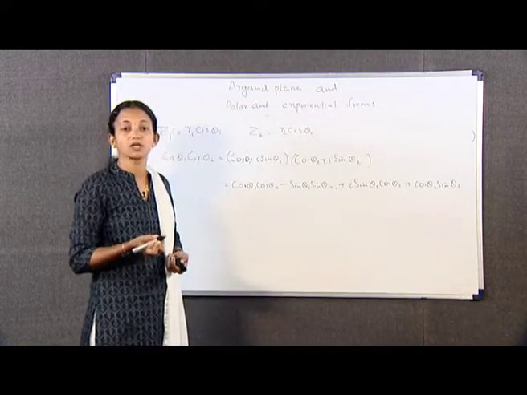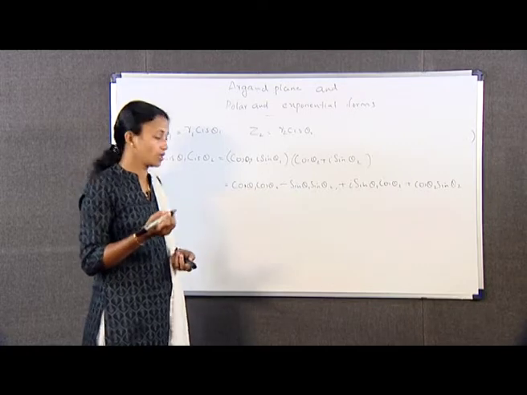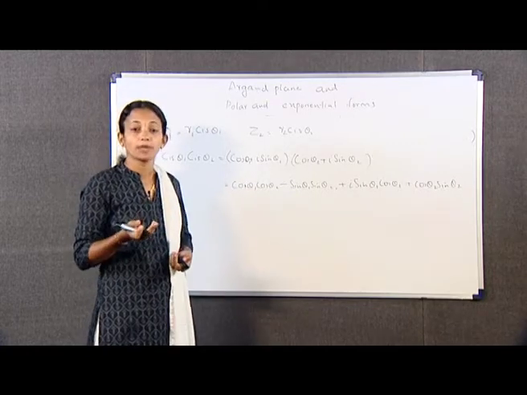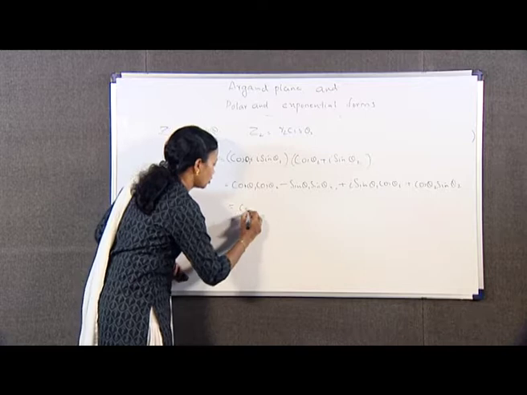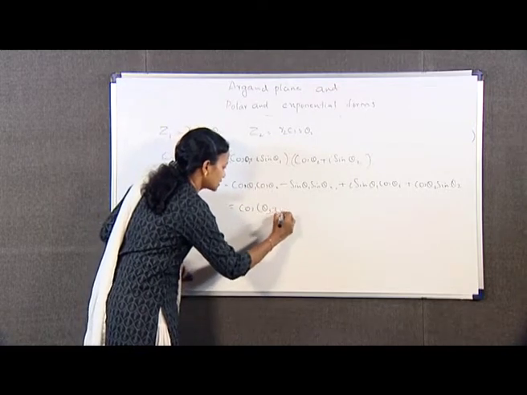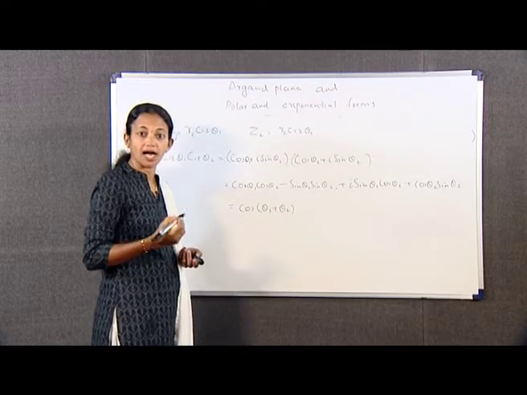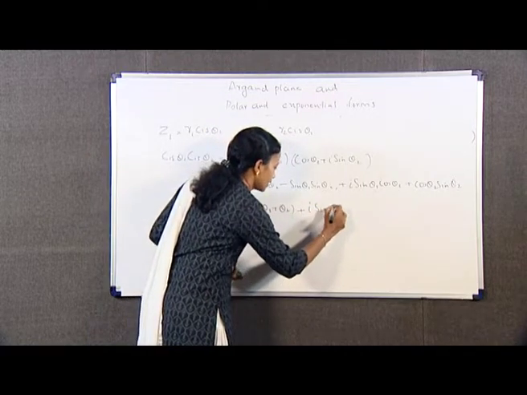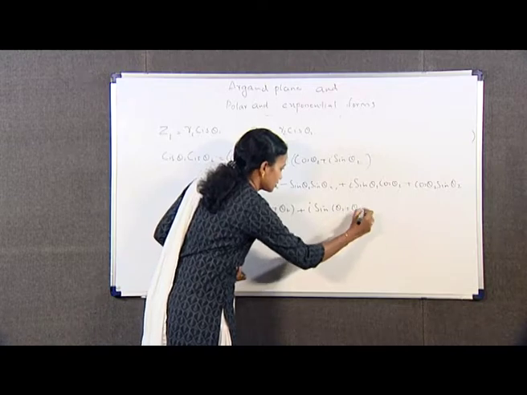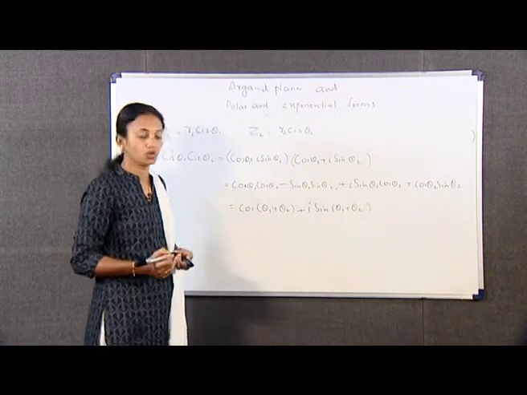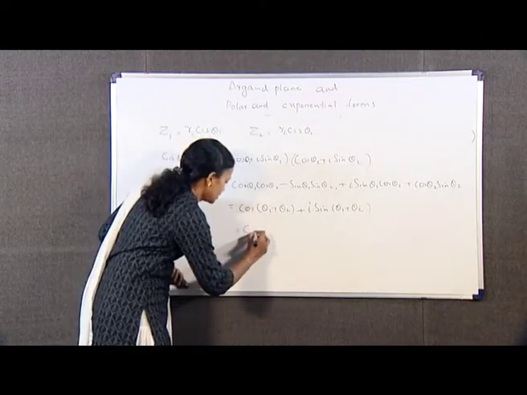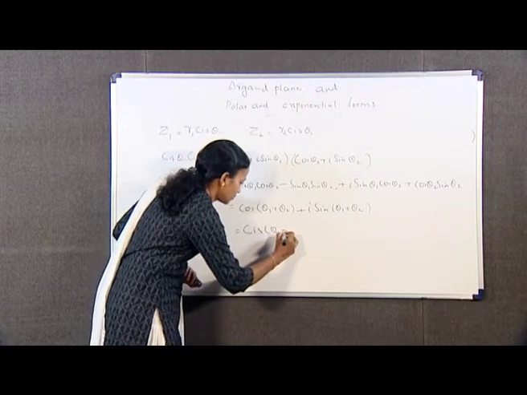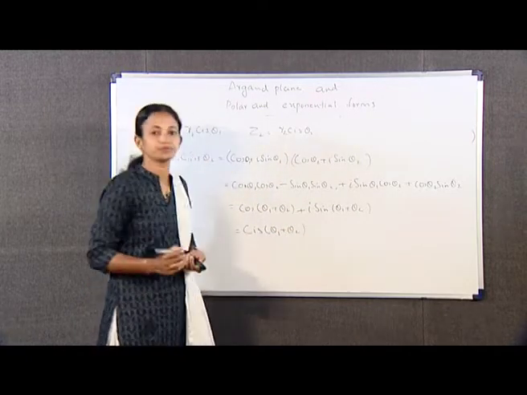This gives cos of theta 1 plus theta 2 plus i sin of theta 1 plus theta 2. So, we can write this as sec theta 1 plus theta 2.